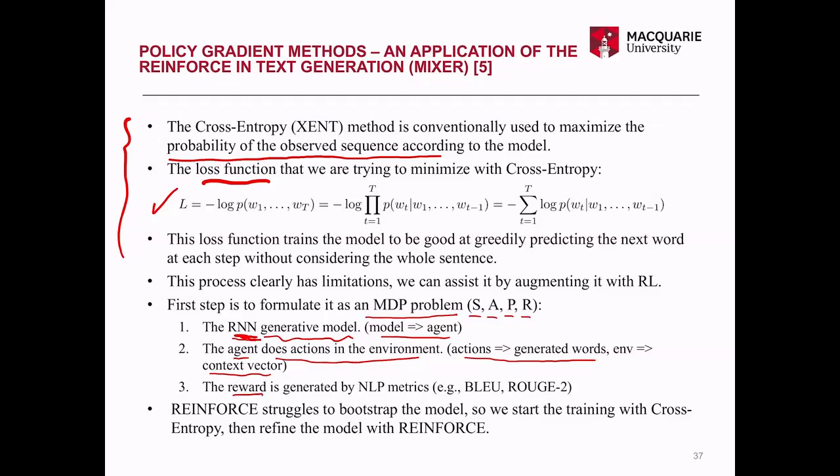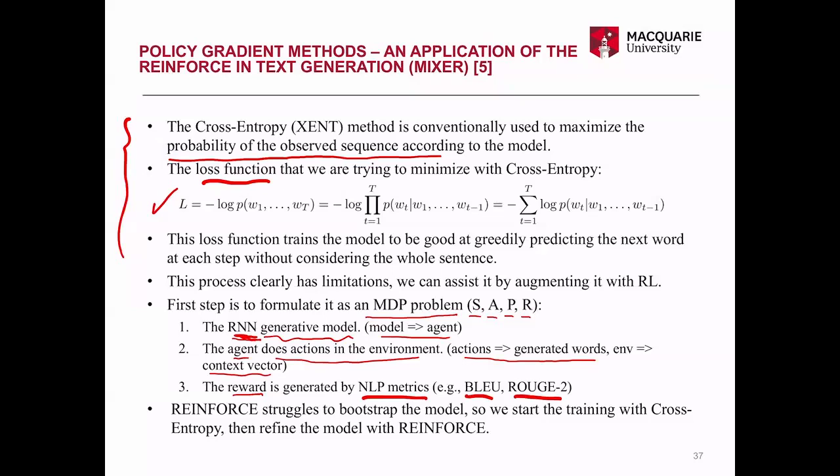And what about the reward? One way is to give each generated sequence to humans for assessment. It's possible, but the problem is that humans are expensive and they make a lot of mistakes. So a long time ago, people in NLP came up with a lot of NLP metrics, such as BLEU or ROUGE-2 or CIDEr, as you saw in the previous slide, and many others.